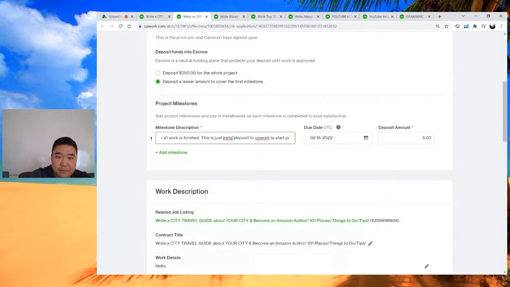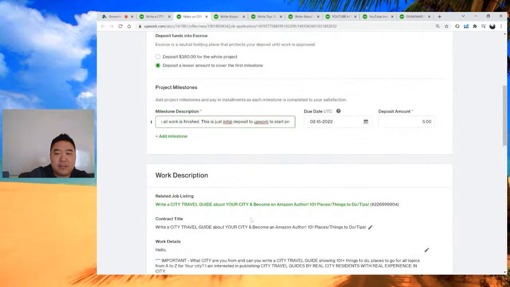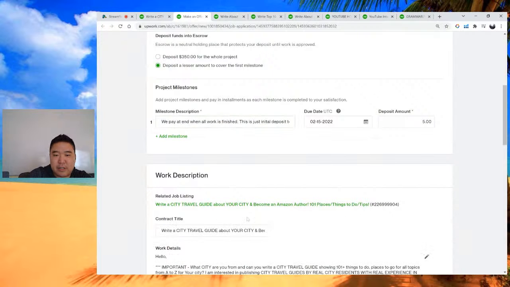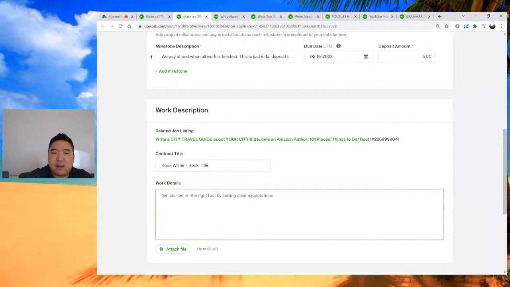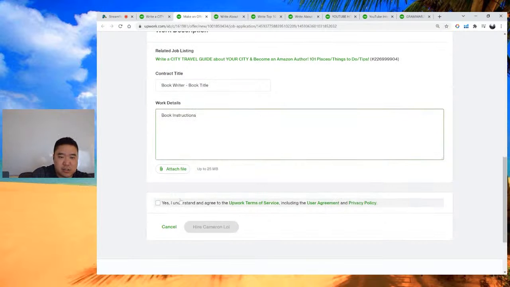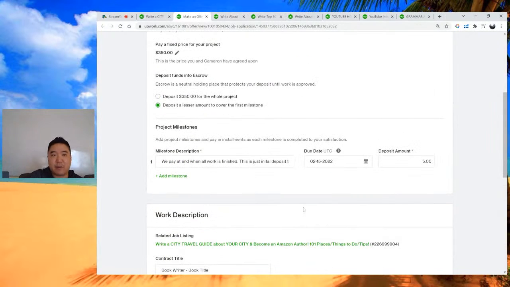Something like that, initial. And how you're writing, you could put the contract title something different, like book writer and your book title or something like that. And then here you can send the book instructions. This is where you put the book instructions, and you just click on yes and hire. That's all you do. That's hire writer.